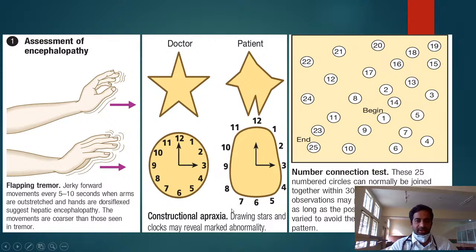So we call it constructional apraxia. There is also a test called the number connection test. You put random numbers and ask him to connect them. Normally you should do it in less than 30 seconds. The patient will not be able to do this.